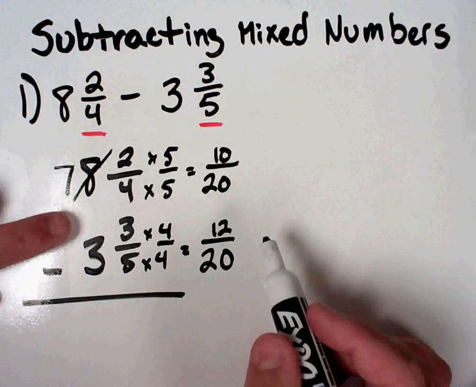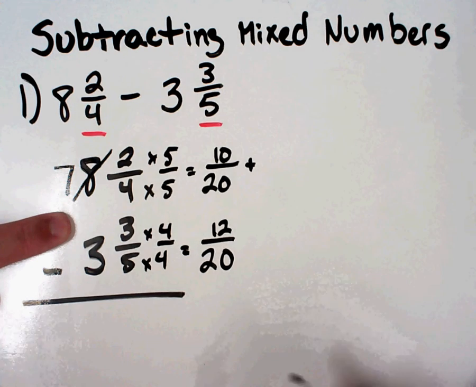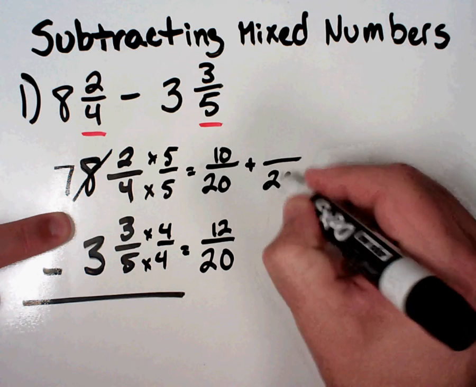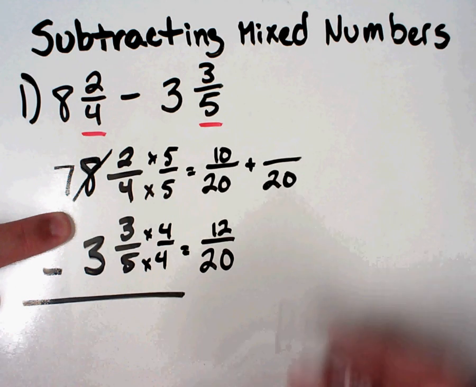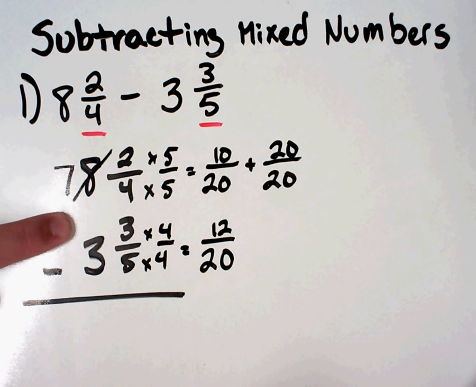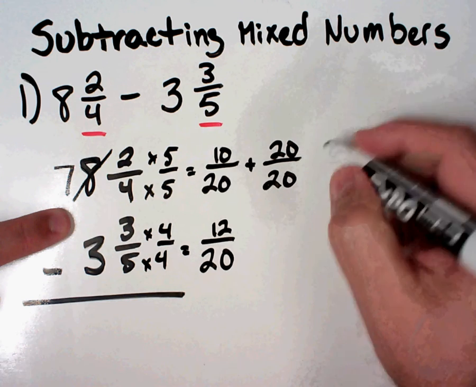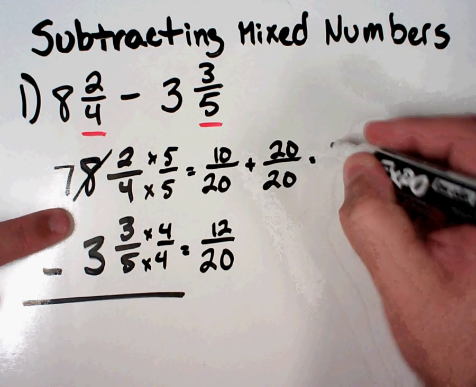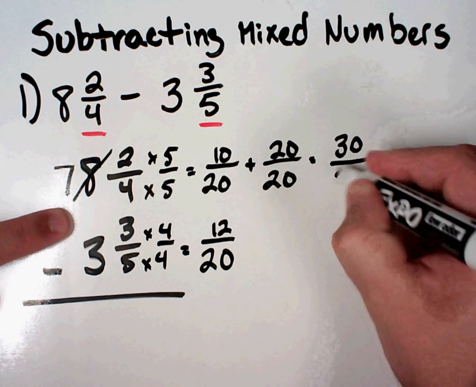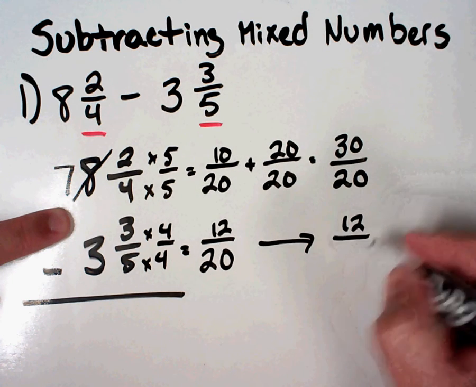And because I'm pulling one whole out here, I'm going to add one whole here, but my one whole has got to have a 20 as the denominator. So one whole is going to be 20 over 20. This one whole that I borrowed, I'm just sticking it over here. That's going to give me 30 20ths. And then I'm just going to move my 12 20ths over.